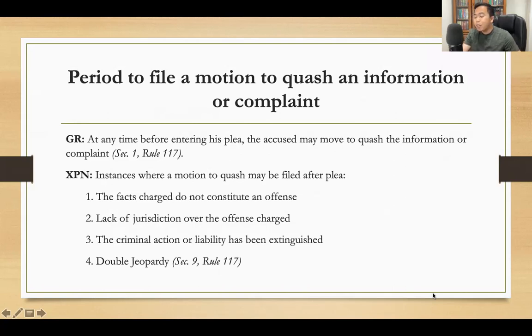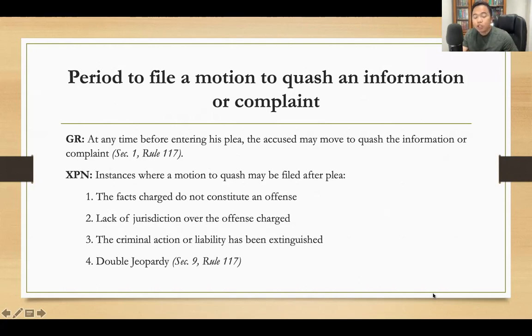Second, lack of jurisdiction over the offense charged. For example, the complaint filed is more than 6 years of imprisonment. If the offense charged is punishable with imprisonment for more than 6 years, then the jurisdiction is with the regional trial court.